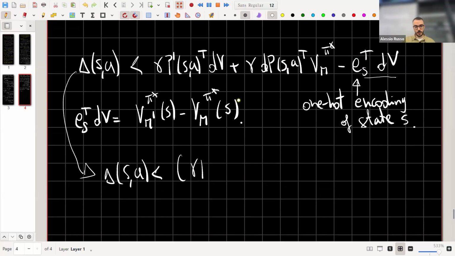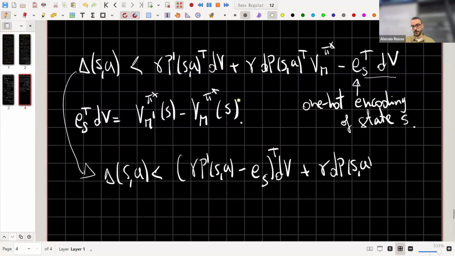We have gamma times P prime S A minus e_S, all transpose dV, plus gamma dP S A transpose V M pi star. So until now, we didn't really do any change because this is just a chain of equalities. So there is no inequality involved so far.